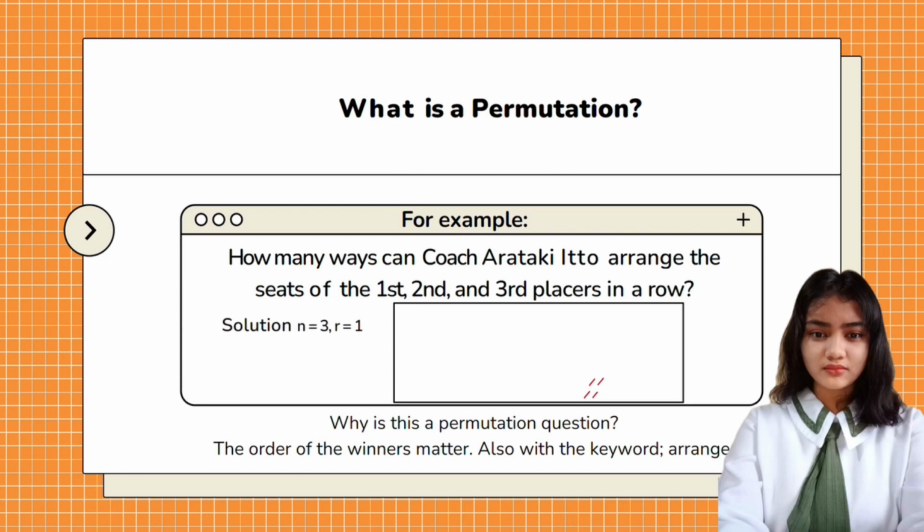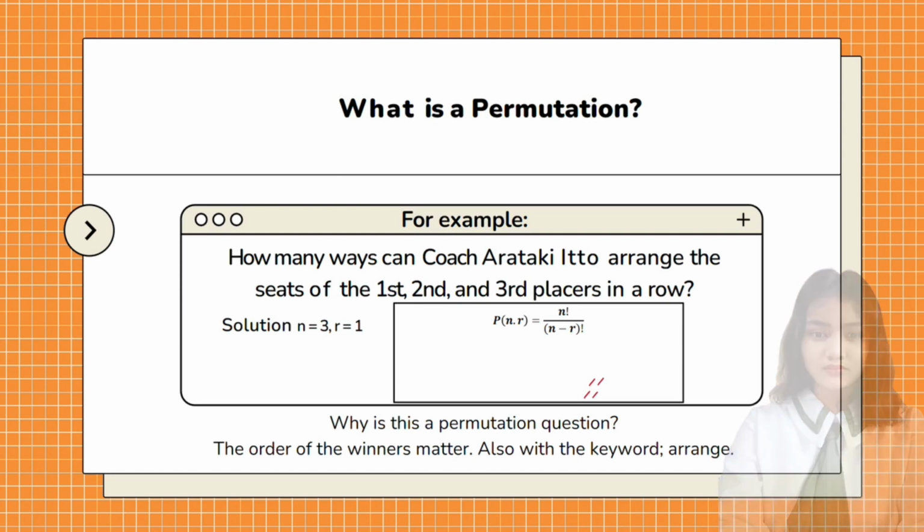In this problem, n is equal to 3 because we'll be arranging first, second, and third places. And each place is occupied by only one winner, so r is equal to 1. We have the formula permutation of n, r is equal to n factorial over quantity n minus r quantity factorial.